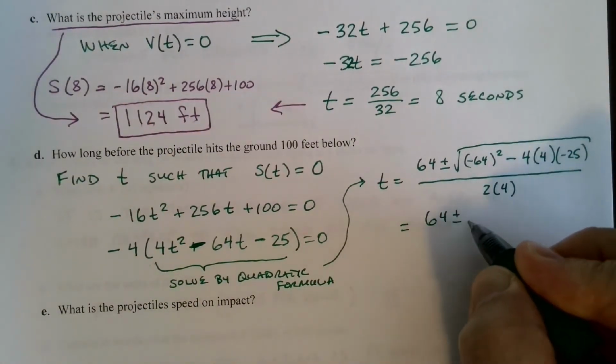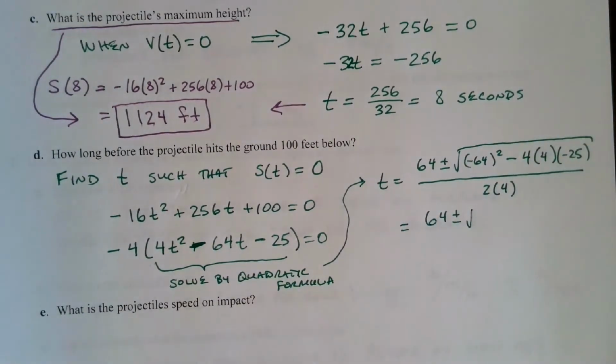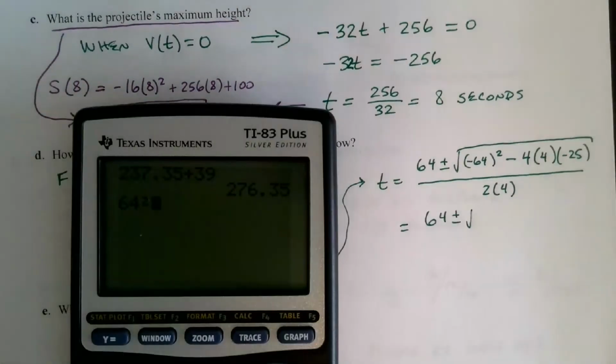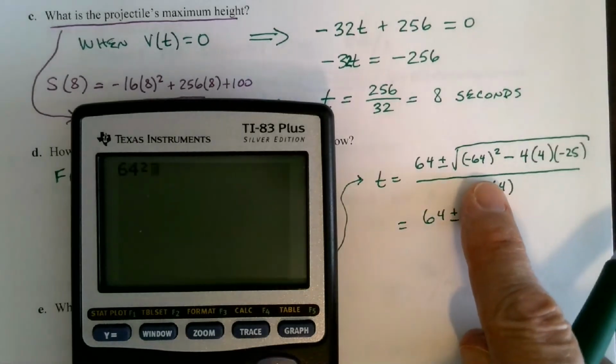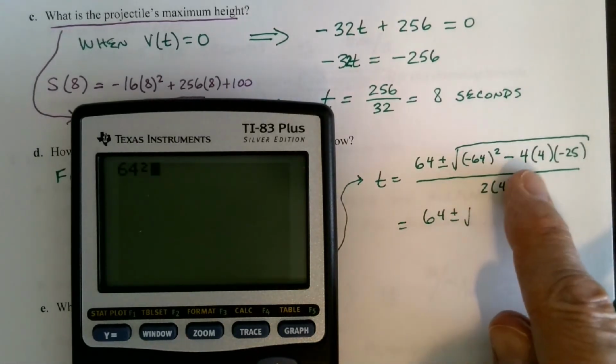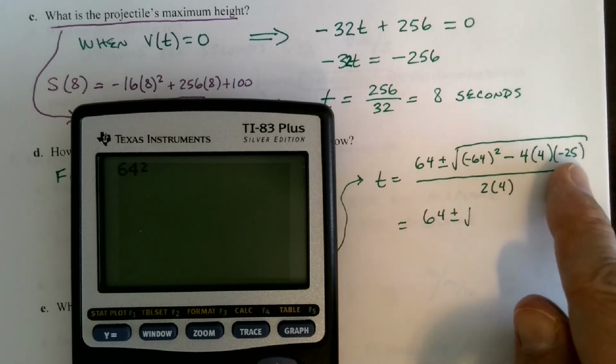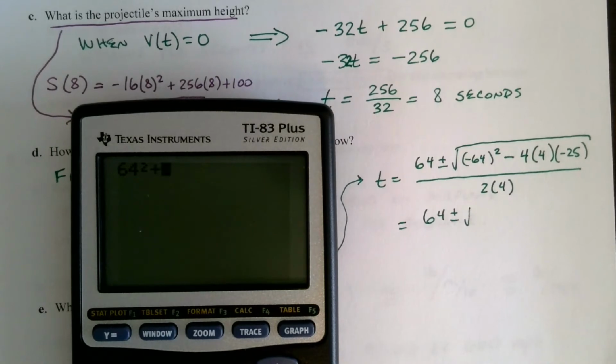I'm not going to do all the way through here, but this is 64 plus or minus, if I square 64, same as squaring negative 64, and then minus 4 times 25, that's 16 times 25, negative times negative, it's plus 16 times 25.